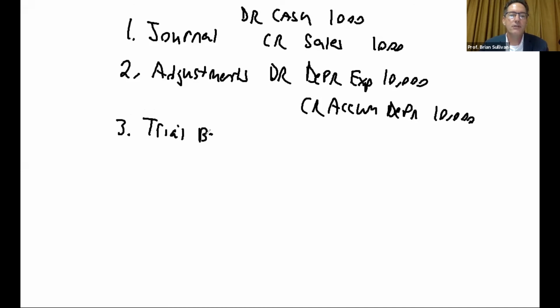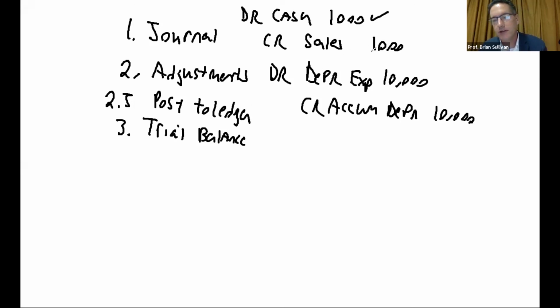So the purpose of the trial balance, after they do the posting, you guys, sorry, there's a posting here, post to ledger. They take all of these transactions and move them into the ledger. The ledger keeps track of how much cash I have after this transaction, how much total sales I have for the month, what my total depreciation is for this month.